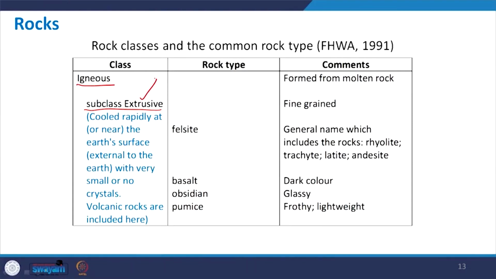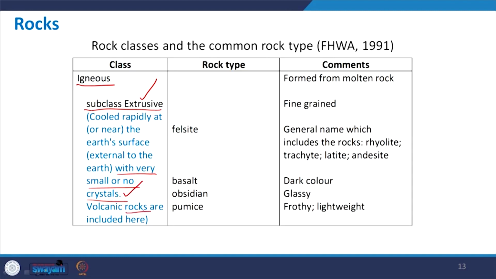It is cooled rapidly at or near the earth's surface, external to the surface, not deep inside the earth. That is why we call it extrusive, and therefore it will have very small or almost no crystals. Please keep in mind that this subclass extrusive will have very small or no crystals.